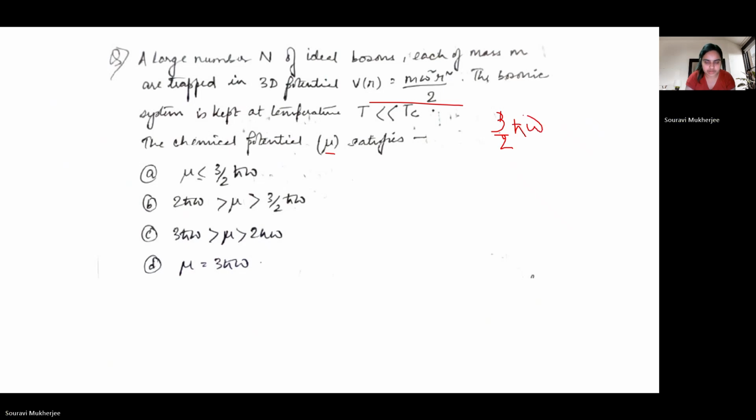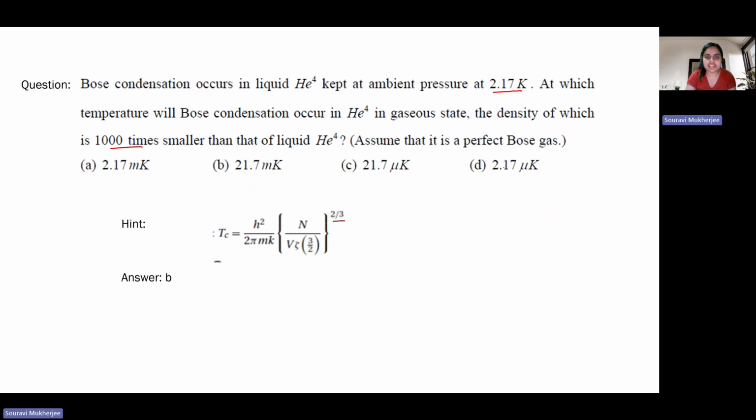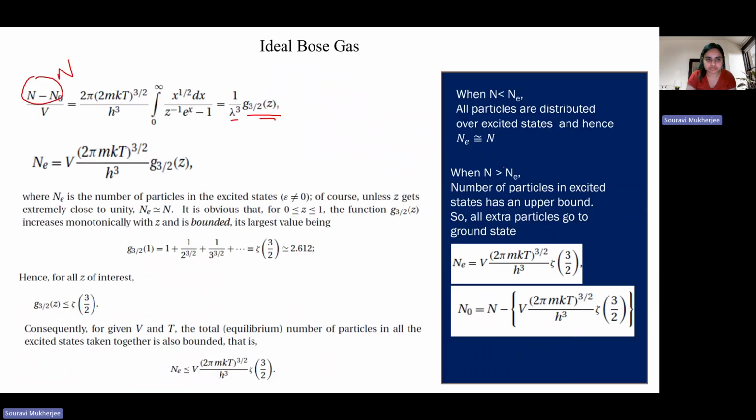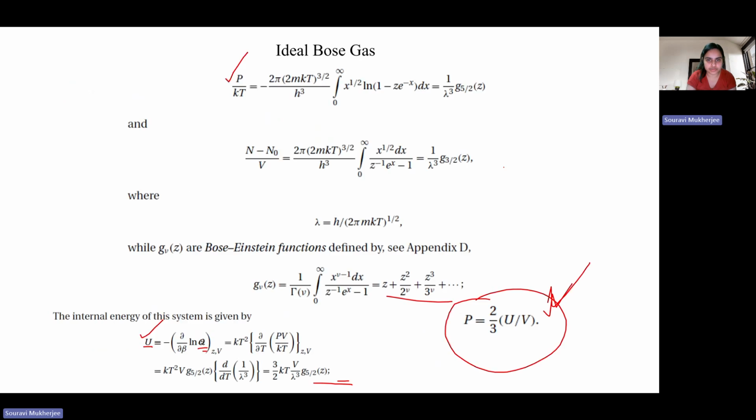Now if we look at how the mean occupation number varies, from the mean occupation number expression we have 1 by z to the power minus 1, e to the power beta epsilon minus 1, kind of expression, right? So what did we see?